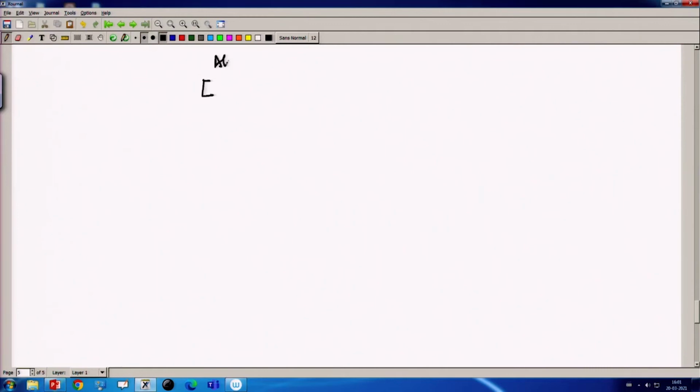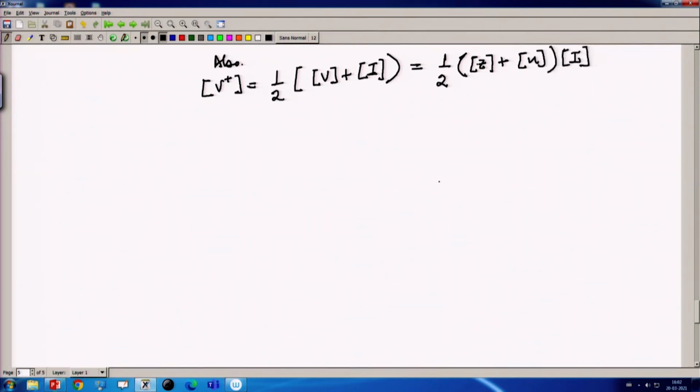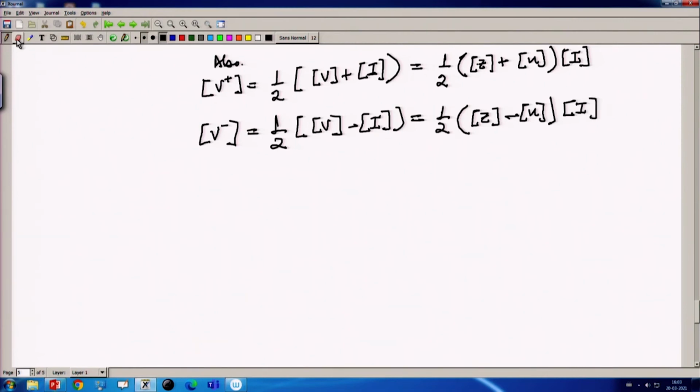So, we also have, let us write this also. That we saw previously, that V plus is equal to half of V plus I, and V is equal to nothing but Z I. Similarly, we know V minus as half V minus I, and that is equal to half of... okay.